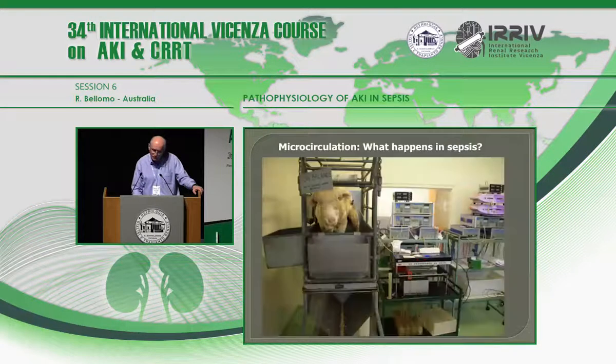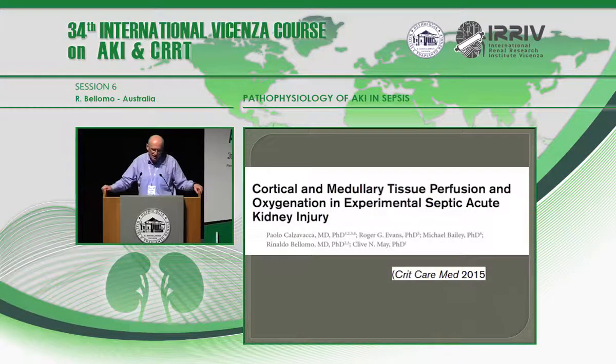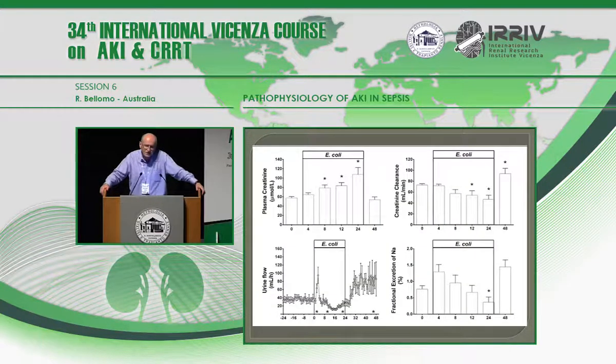And if this is true, the circulation might be the place where the game of losing GFR, increasing renal blood flow, and having significant loss of function simultaneously may be played out. And we've gone to investigate the microcirculation. This is again our model of sepsis in the sheep.